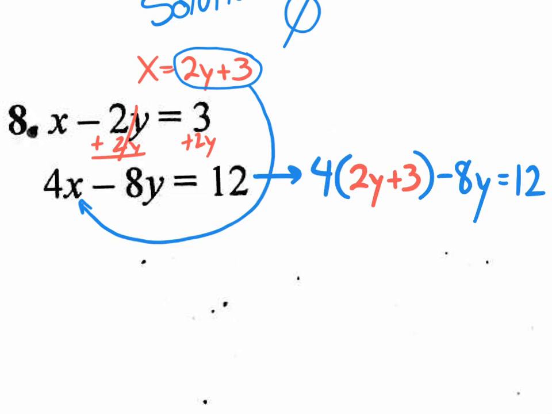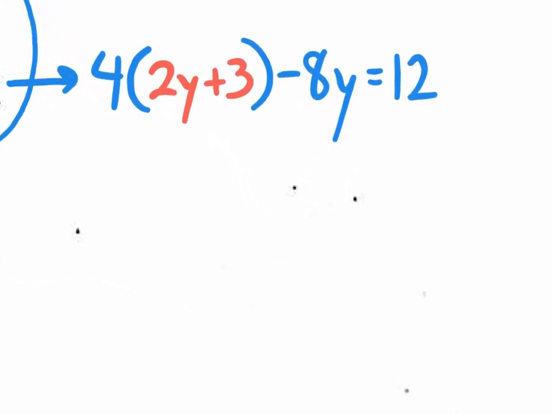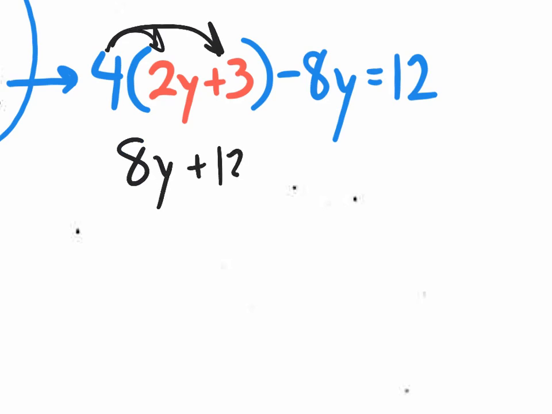And now let's focus in on this new single variable equation and let's solve it. Let's distribute. 4 times 2y, that's 8y. 4 times 3, that's 12. Bring down the minus 8y. Bring down the equals. Bring down the 12. And now let's combine like terms.